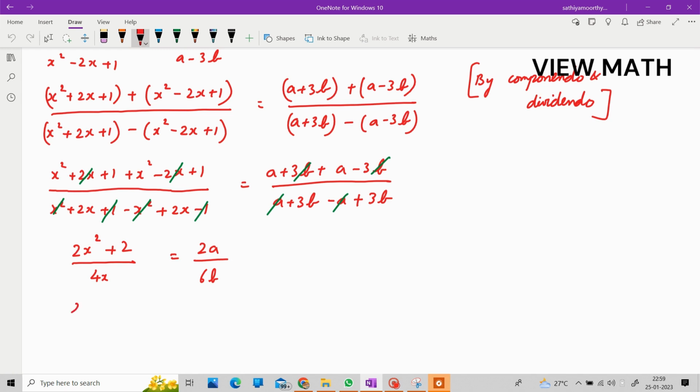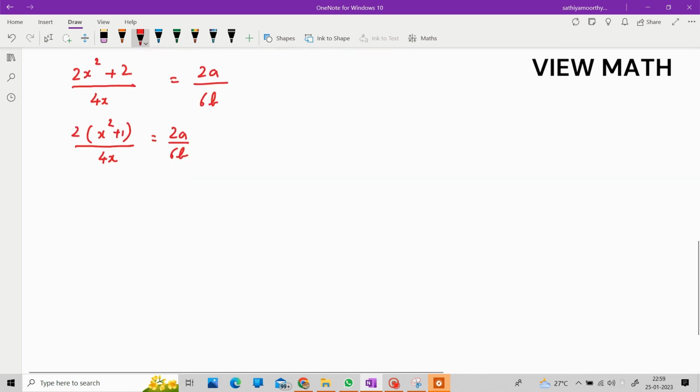Let me take it outside. x square plus 1 by 4x is equal to 2a by 6b. So now let me cancel the common terms. Here 2 and 2 I can cancel. Here 2 times and 2 3 times. Okay, now let me write x square plus 1 by 2x is equal to a by 3b.